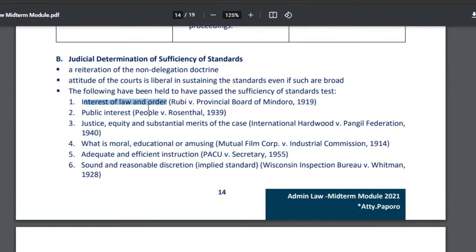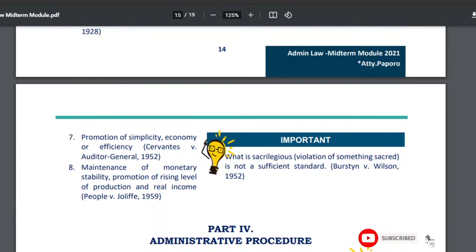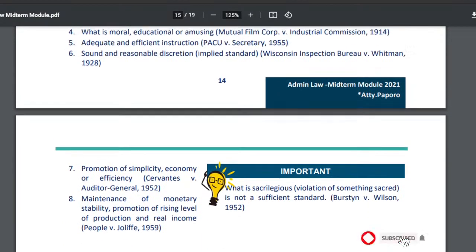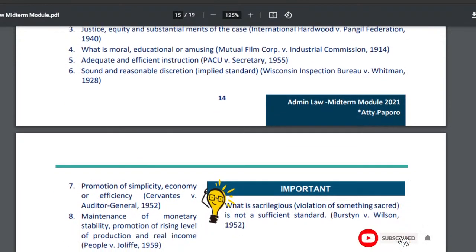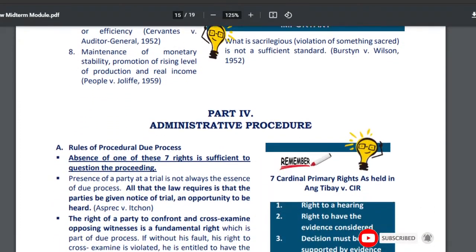Number 1, interest of law and order, public interest, justice, equity, what is moral, educational, or amusing, adequate and efficient instruction, sound and reasonable discretion, and promotion of simplicity, economy, maintenance of monetary stability. These are the cases, Ruby versus Provincial Board. These are the cases wherein the sufficiency of standards test were used, and yes, they passed the sufficiency standard test.